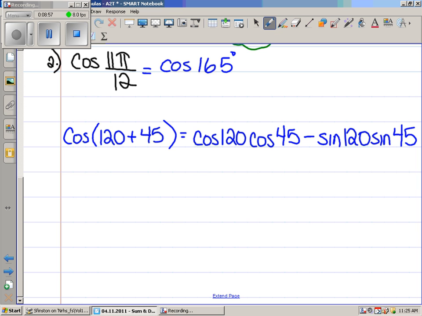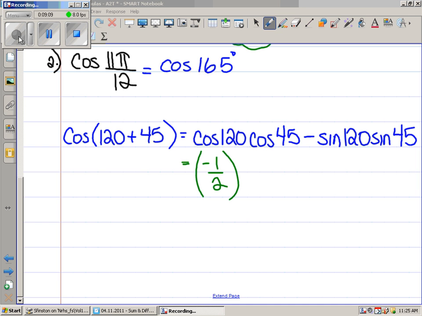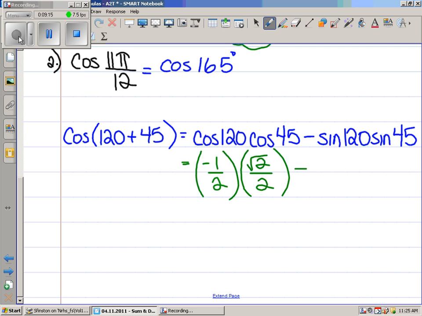You just plug that in. Use your calculator now. What is cos 120? Good. Let's keep going. Cos 45. Radical 2 over 2. Sine 120. Plug that into your calculator. Good. Yep.